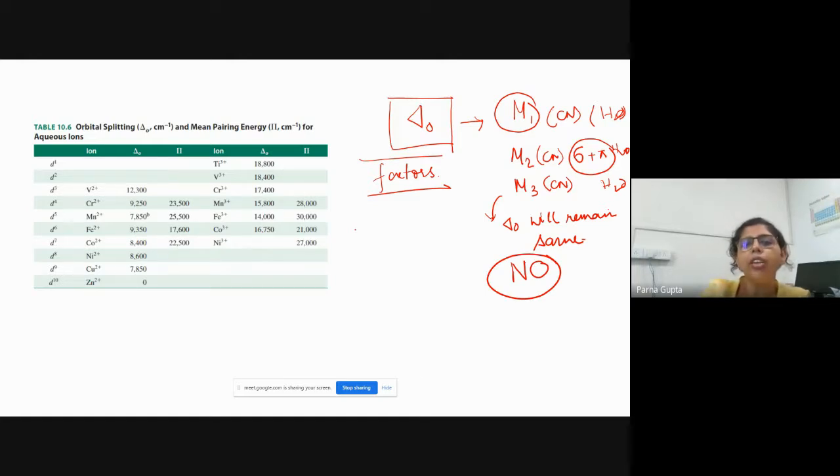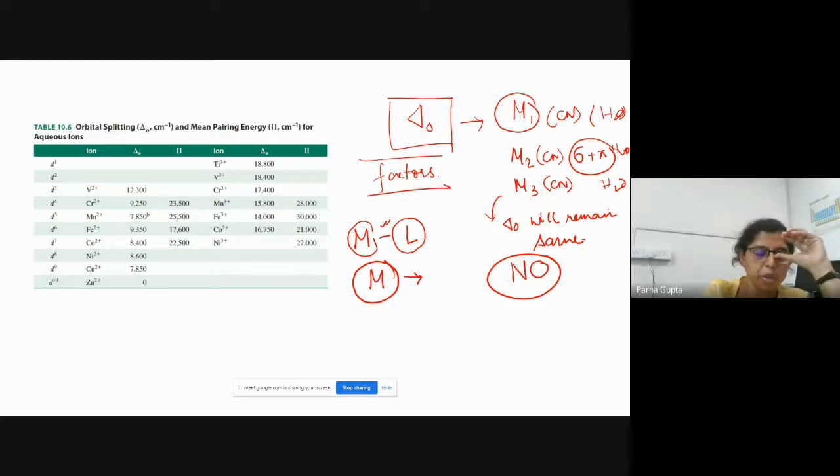So you have in a complex a metal and a ligand, and depending on the L, these interactions are taking place. So who is the other party? This is obviously M. And also this depends on the properties.